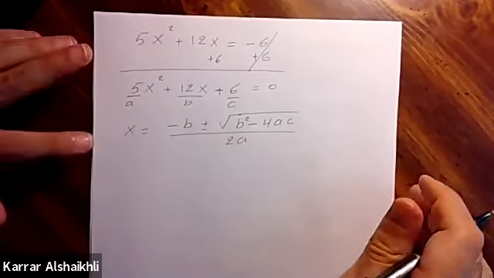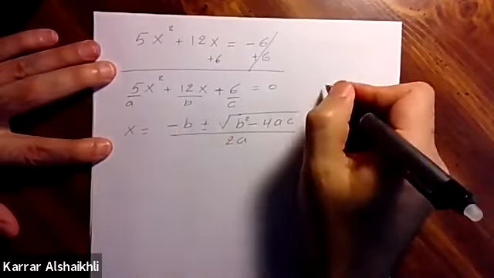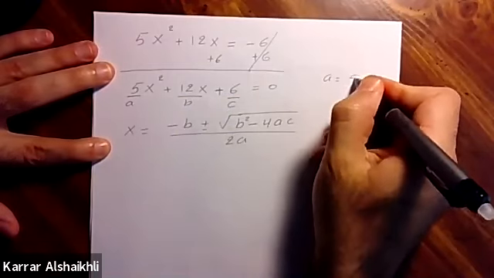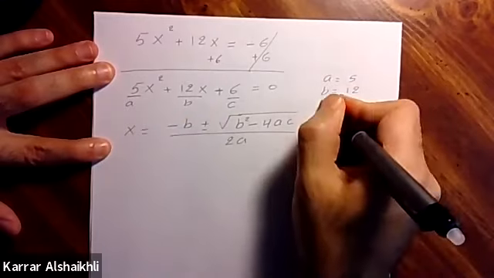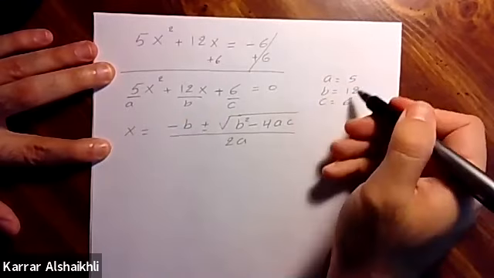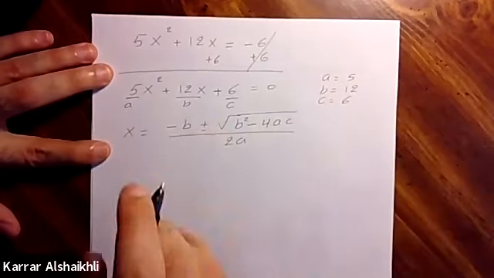Now we're just going to plug in A, B, and C. A equals 5, B equals 12, and C equals 6. We're going to plug in these numbers here.